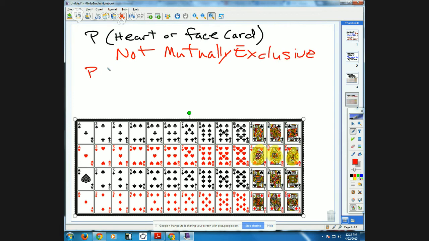So that means the probability of an or is going to be the probability of getting a heart plus the probability of getting a face, let's call that F, minus the probability of their intersection because I double counted those 3 cards. So heart and face. Hearts, there are 13 of them.